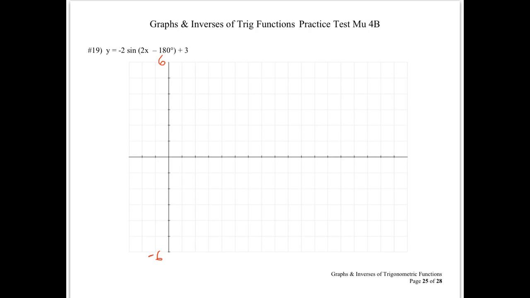And we went from 0 to 360 on the x-axis, and we had to go by 45s. So let's just go every 4 spaces is 90. Give us plenty of room.